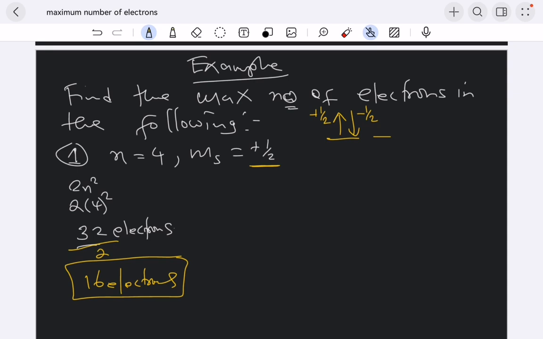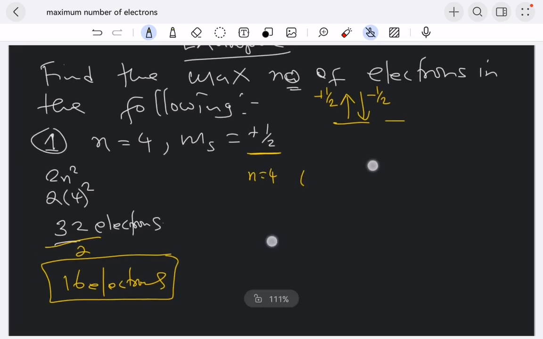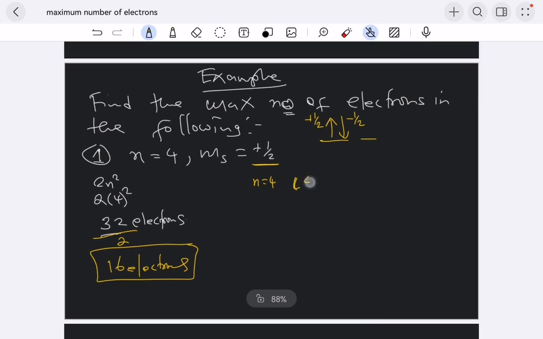Visually, what we can look at is that we have the n, which is 4, meaning that my l is less than or equal to n minus 1, meaning my l is less than or equal to 3. So when I have this, it means I have 0, 1, 2, 3. Then I know this is s, this is p, this is d, this is f.